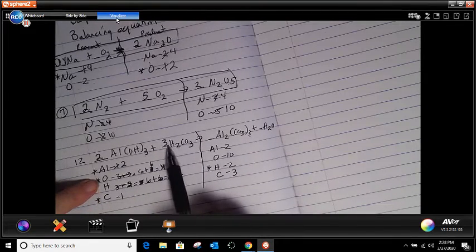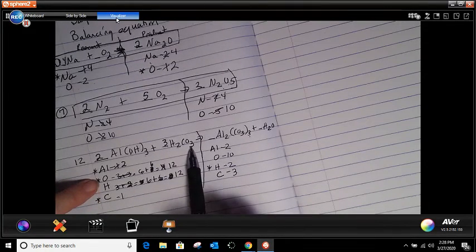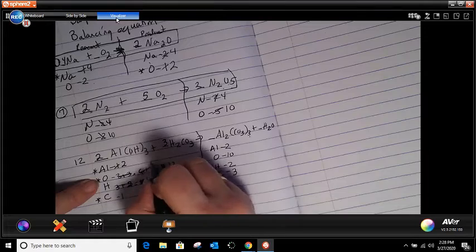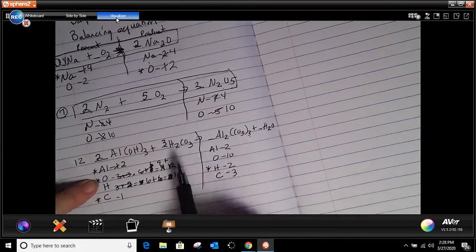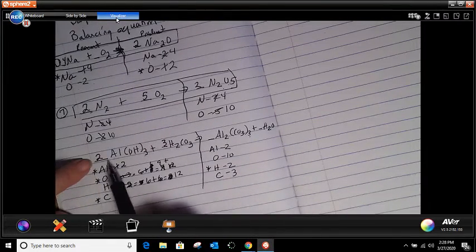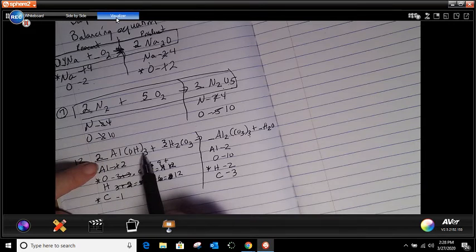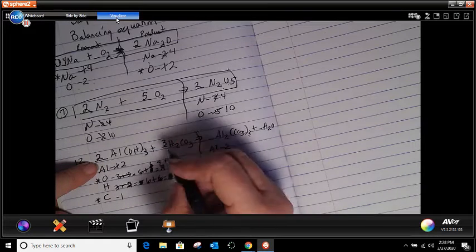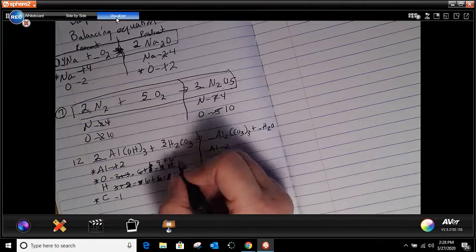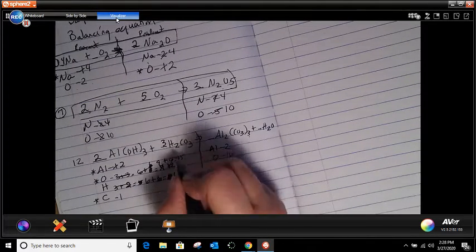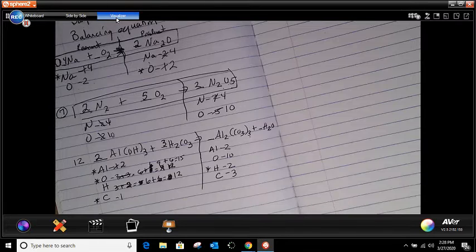Oxygens. 3 times 3 is 9, right? 9 plus oxygens over here, which is 2 times 3, which is 6. That's equal to how many? 15, right? Yep, 15. Let me check. I'll check it again to make sure when I get over here.